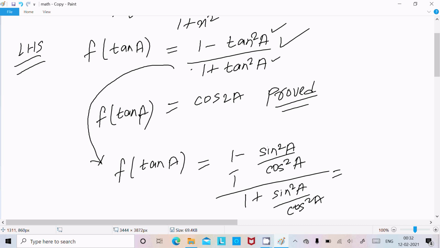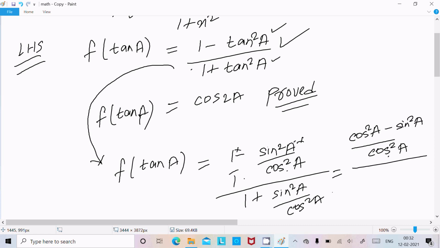Now if I take the LCM, the LCM of 1 and cos²A is cos²A. If I divide cos²A by 1, we get cos²A, multiplied with 1. So it comes cos²A. Here cos²A divided by 1 is 1, multiplied with this, so the value comes sin²A.